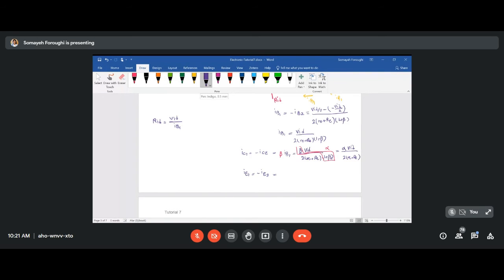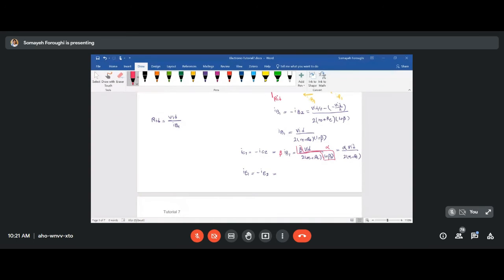It will be times 1 plus beta IB1. So if you multiply by 1 plus beta, then this 1 plus beta and the denominator of IB1 will be gone, and you will have only VID over 2 times (RE plus the capital RE). Okay, finally we are done with all the AC analysis of the circuit.